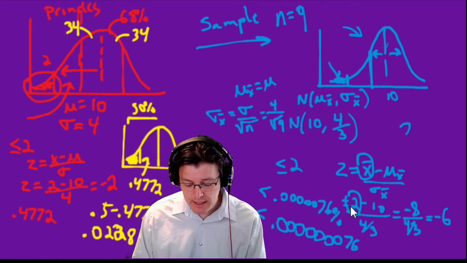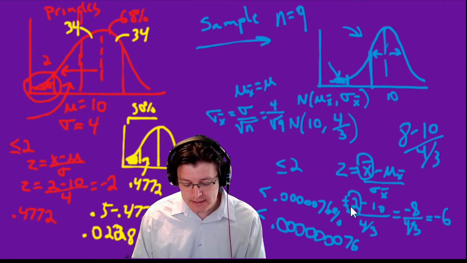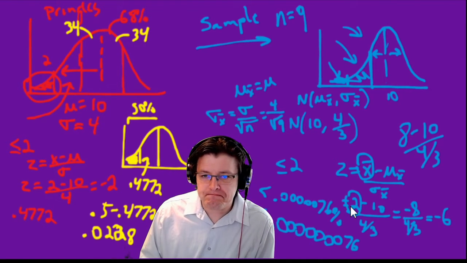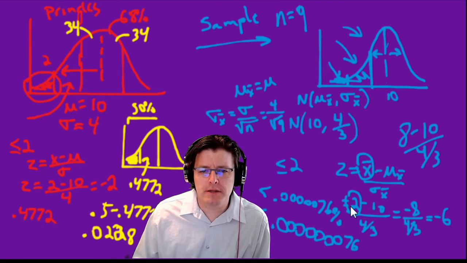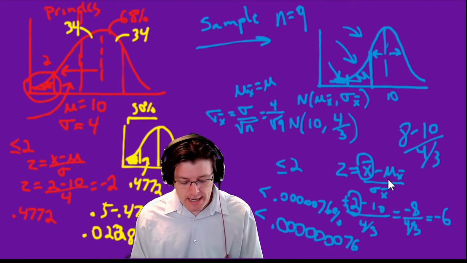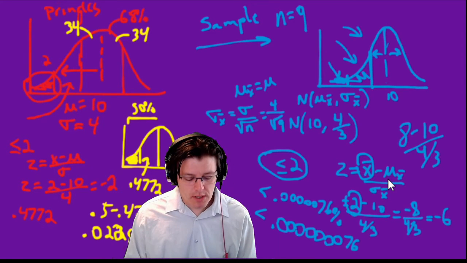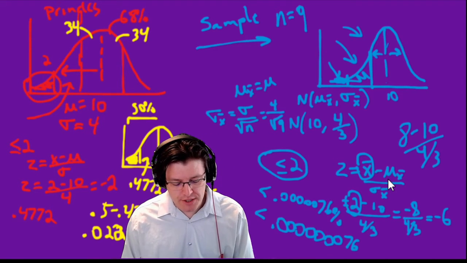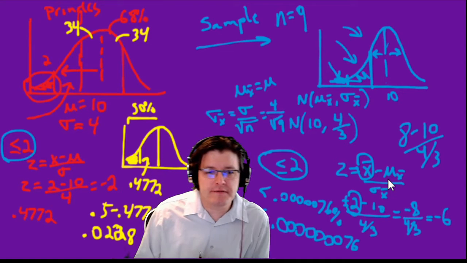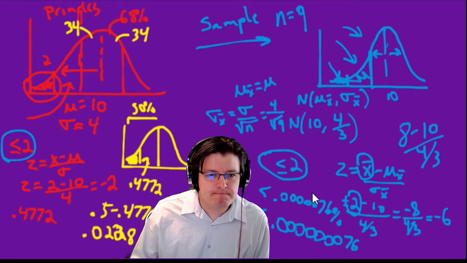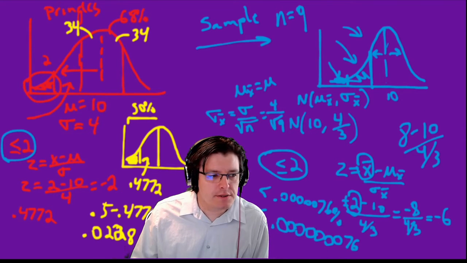We could plug in 8 minus 10 divided by 4/3, and that would give us this larger area. So hopefully that clears that up a little bit. I had chosen less than or equal to 2 simply because we had just done it over here in terms of one individual less than or equal to 2. Hopefully that clears some things up, but good question.